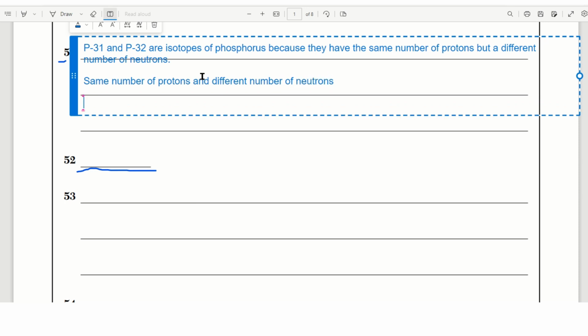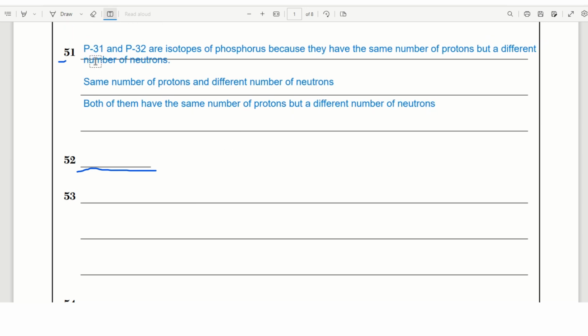That's acceptable, not as a whole sentence. Or you could make a simpler sentence: both of them have the same number of protons, but a different number of neutrons. So you do not write all of them, you write one. This one, this one, this one, all 3 get you full credit, okay?